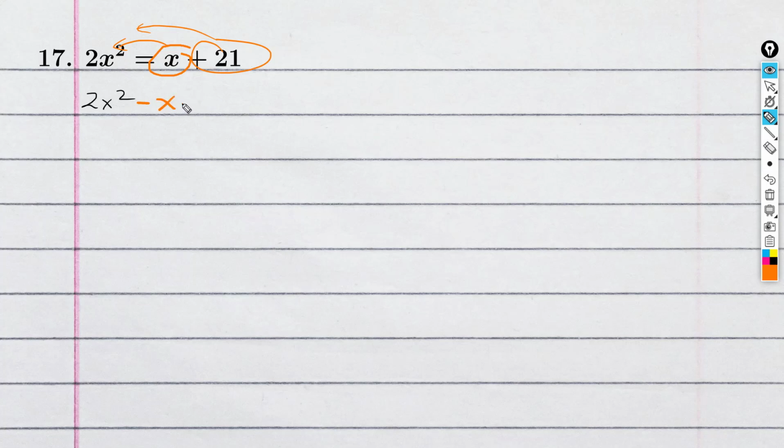When we move the positive 21 to the left-hand side, it's going to become negative 21. And then we still have that equals, and this time these are both moved, so they're both 0. So now we have a trinomial. There is no GCF. So the next step is to go to your x.